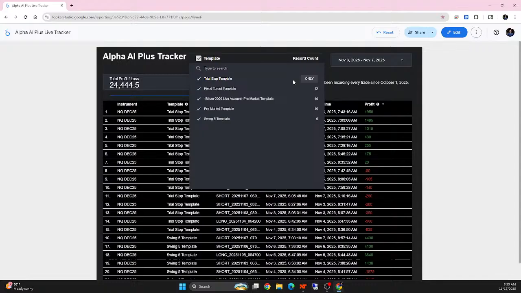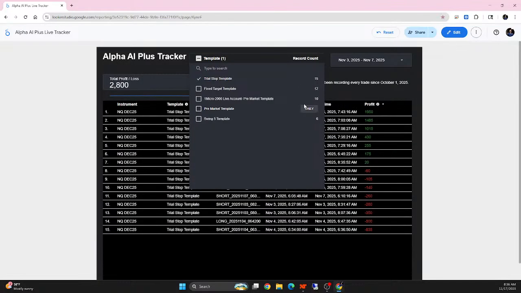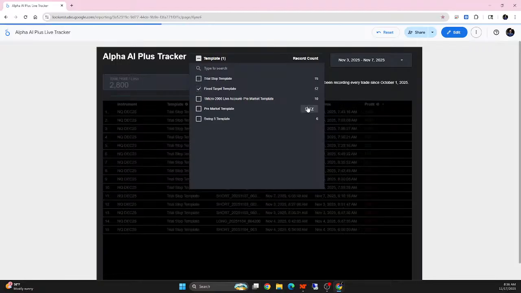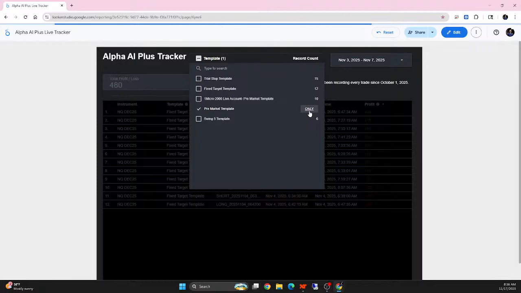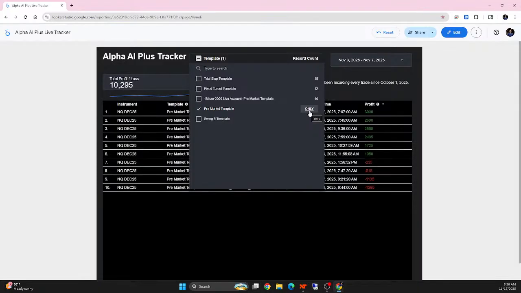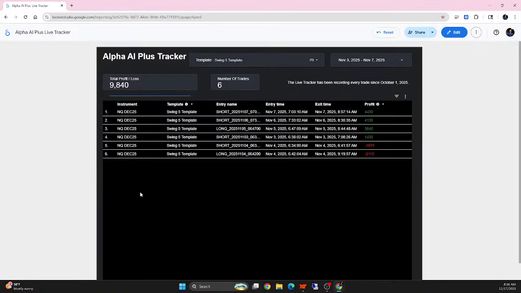The trailing made $2,800, fixed target $400, pre-market 10 grand. So even if the pre-market lost $4,000 in 1 week, the week before it made $10,000. So it doesn't matter. The pre-market template is still the one that makes the most money so far. Swing 5, 9 grand. That's a massive week the week before.